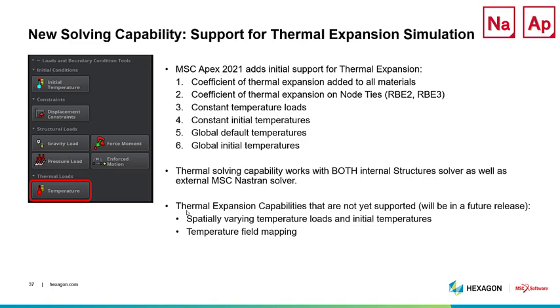This is new technology, and our initial testing has all of our customers very happy with the initial release of this. Yes, we will continue to make it better, but for now, you have initial temperature, you have a loading temperature, and it works regardless of whether you run it externally or internally.